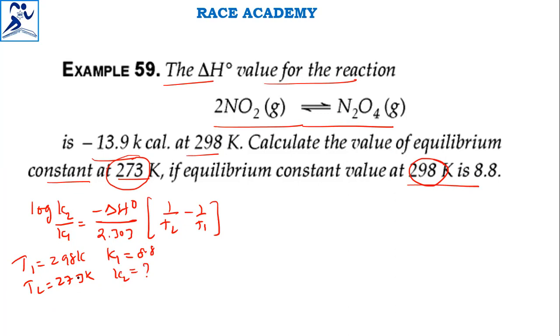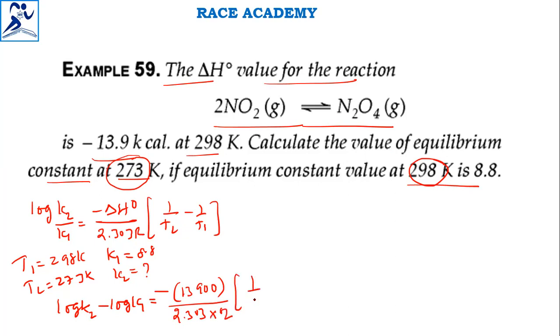Then this expression becomes log K2 minus log K1 is equal to minus delta H value they have given, 13.7 kilocalories, that is 13,900 calories, divided by 2.303 R, where R in calories is 2, into 1 by T2, 273, minus 1 by T1, 298.